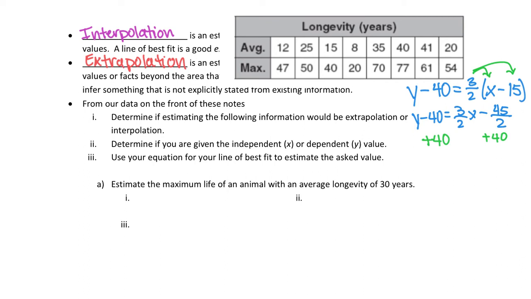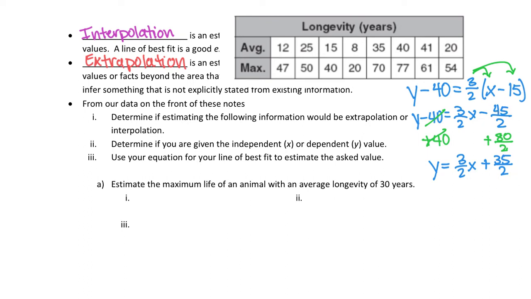In order to change that 40 into a fraction, I need to multiply this 40 by 2. When I do that, I'm actually adding 80 over 2. You can see that 80 divided by 2 would give me back that 40. These will cancel, and I'm left with 35 halves.